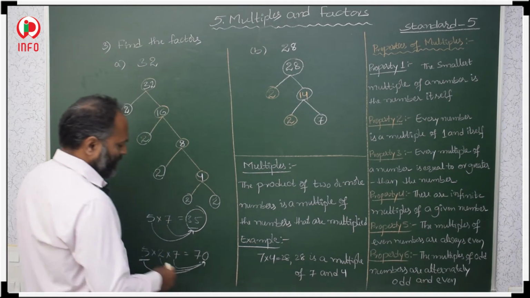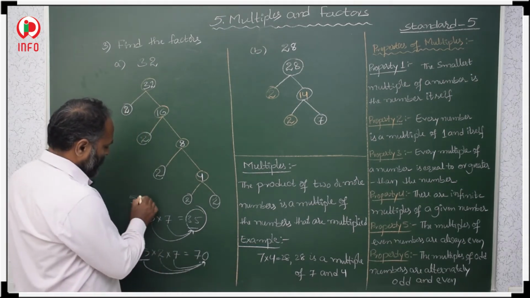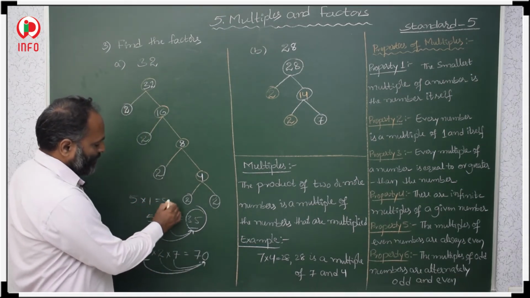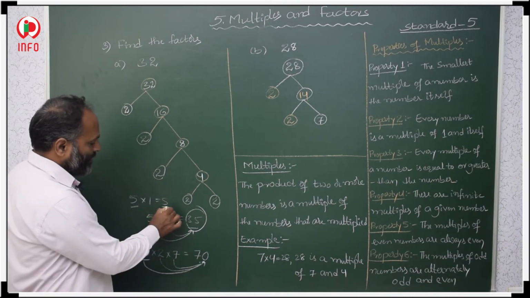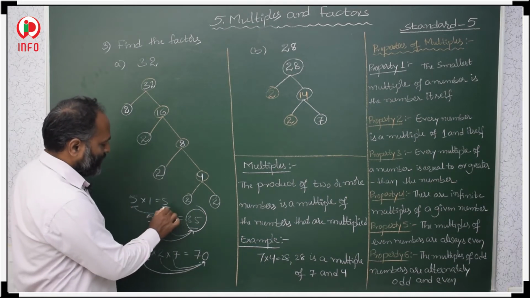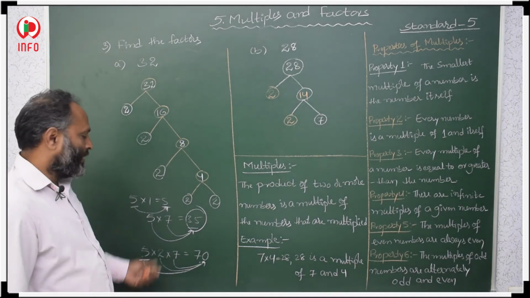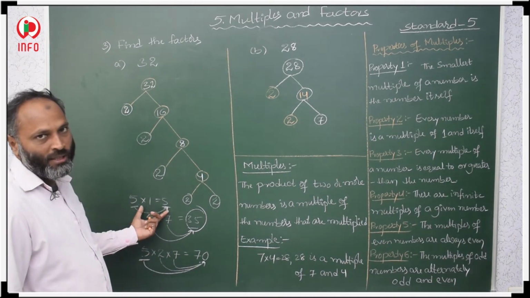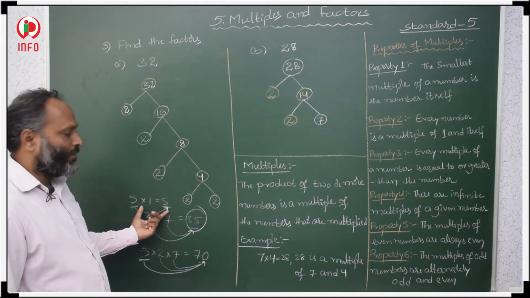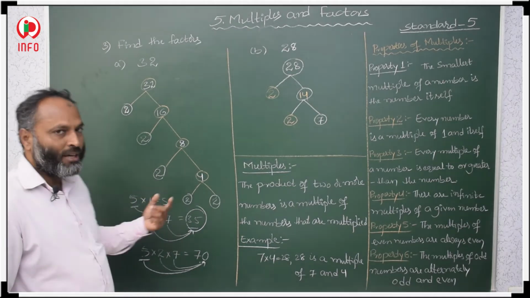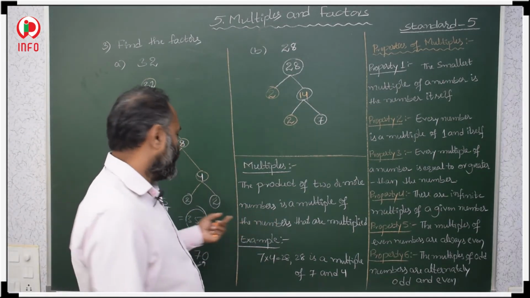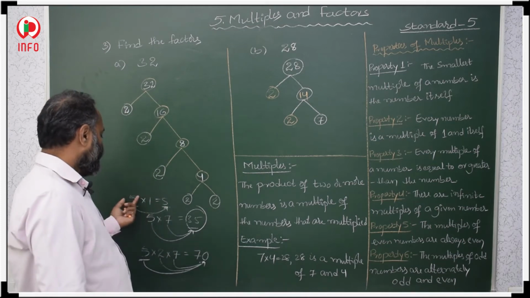Suppose you take 5 ones are 5. The number itself is a multiple here. Whatever number we are multiplying, 5 ones are 5, the multiples are the number itself and 1.